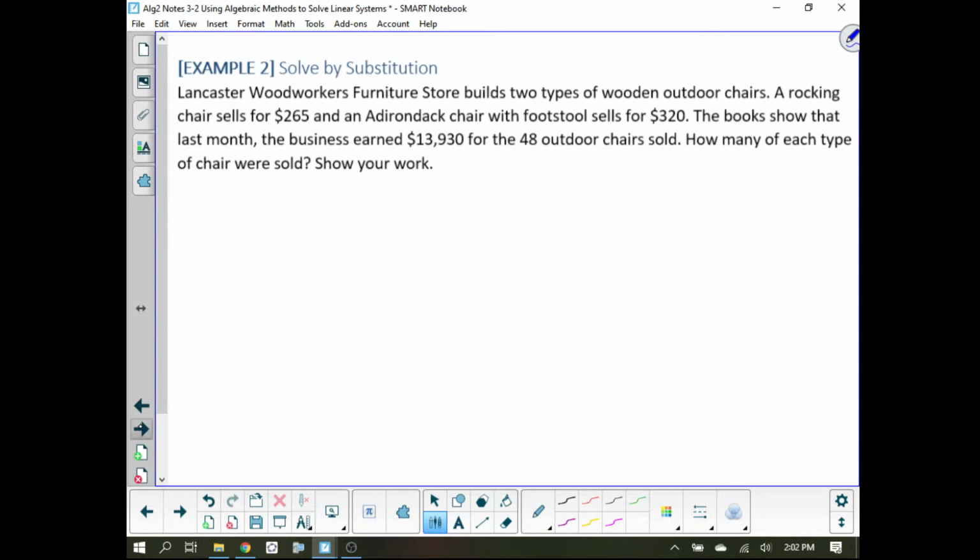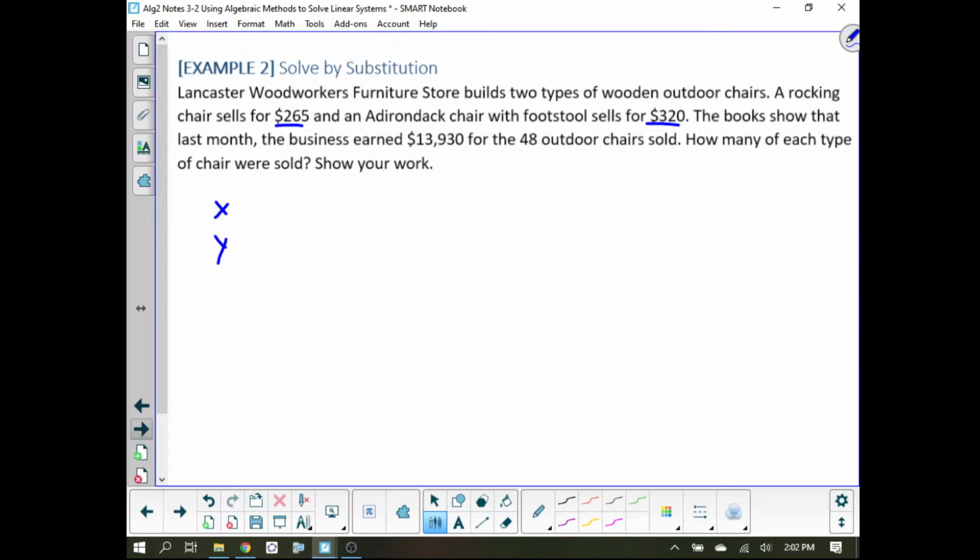For this type of problem, the very first thing that we need to do is pick variables and label them. So we'll use x and y. What are the two unknowns in this? The things that we need to find out. We actually know the cost of each chair, but we don't know how many of each are sold. Those are the two x's and y's.